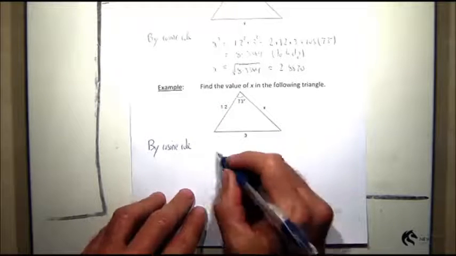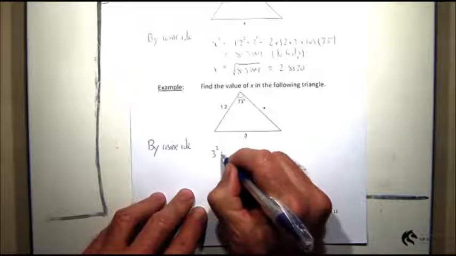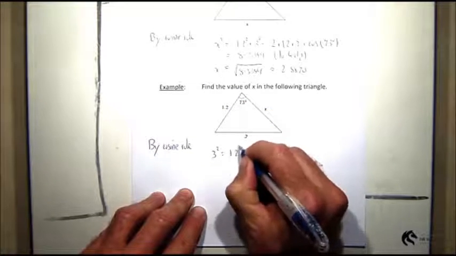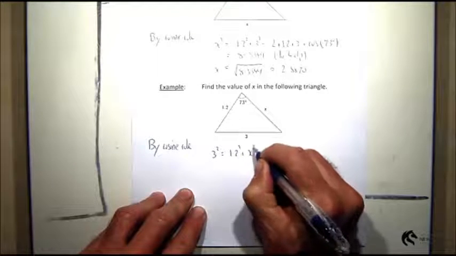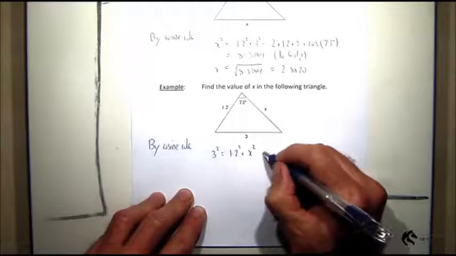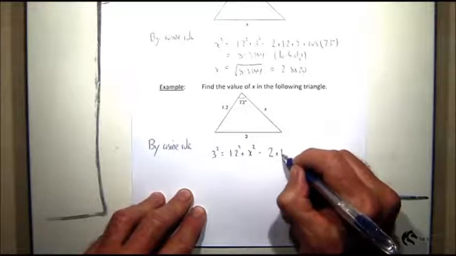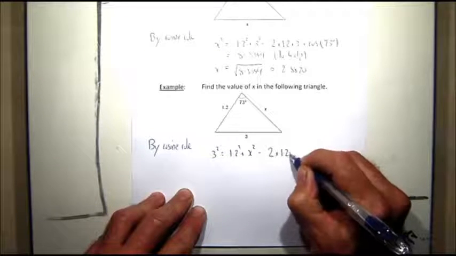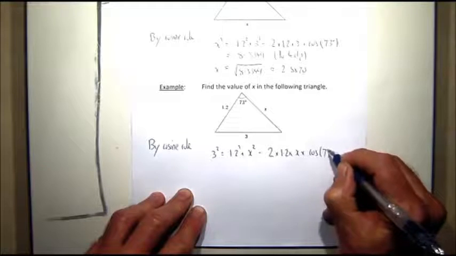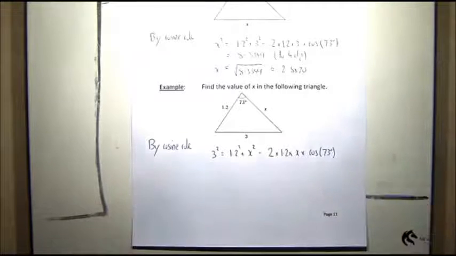So this is going to be 3 squared is going to be b squared plus c squared. And I've got to put my unknown in there. Minus 2 times 1.2 times x times the cosine of the included angle.